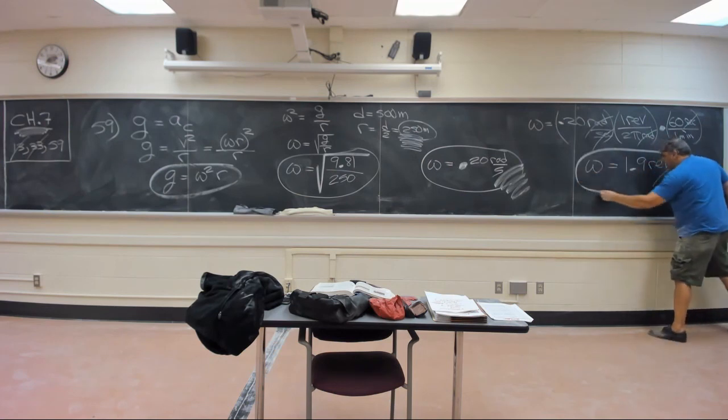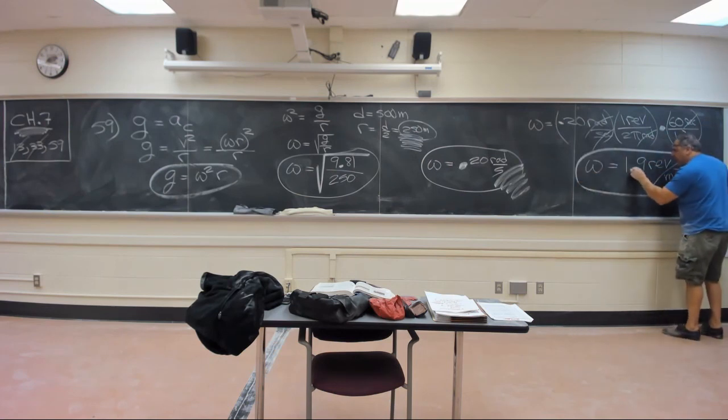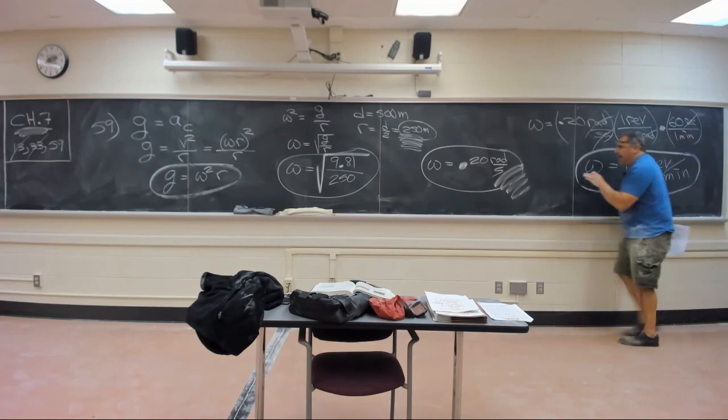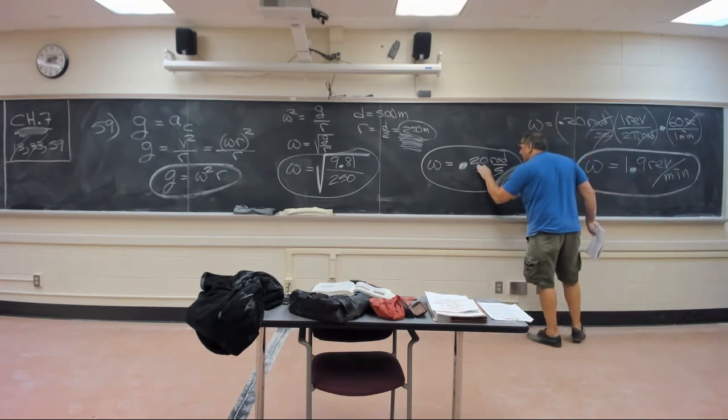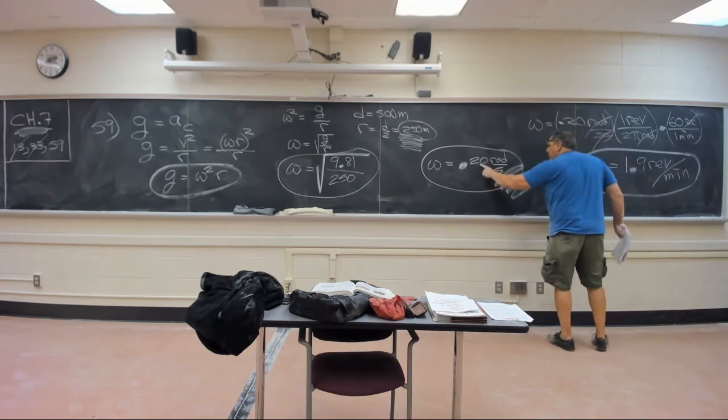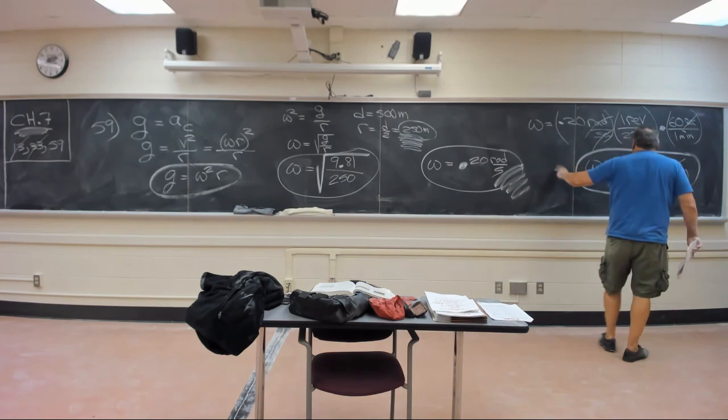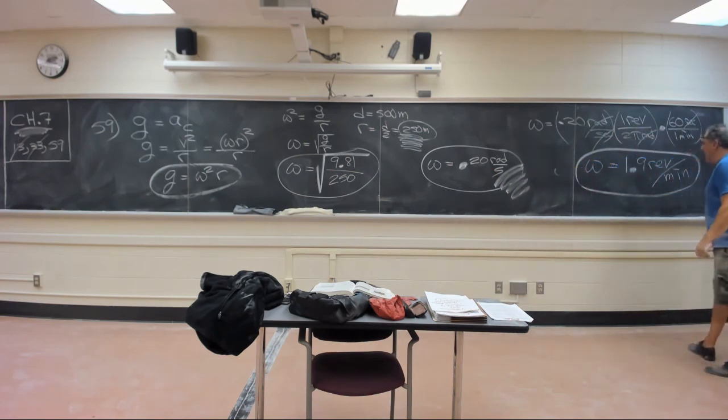That is the same as saying 0.20 radians per second. So omega is 0.20 radians per second, and omega is 1.9 revolutions per minute. That's it.